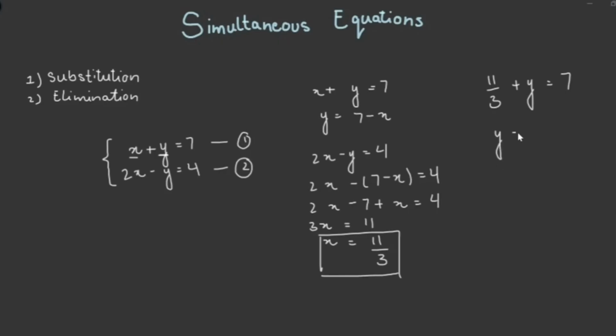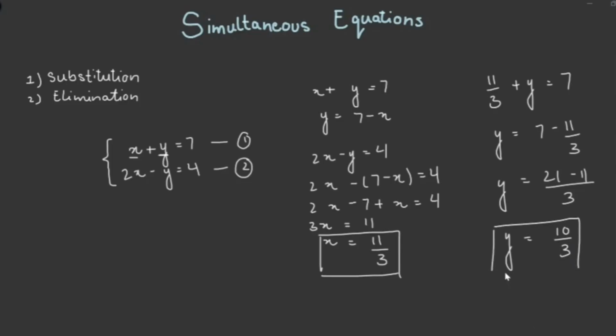And now we can easily solve for y. We'll take this here, it would become minus 11 over 3. Now we get 21 minus 11 over 3, and our y would be 10 over 3.